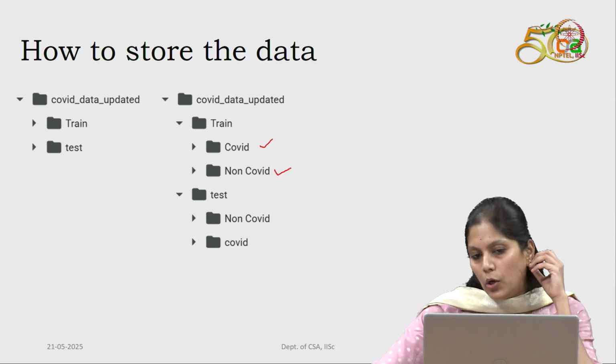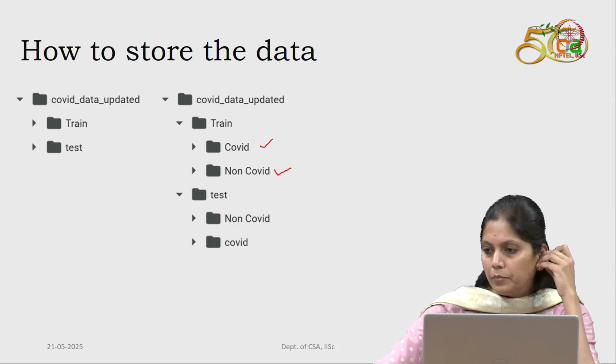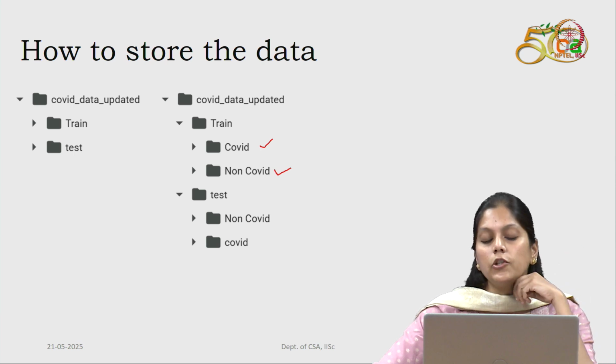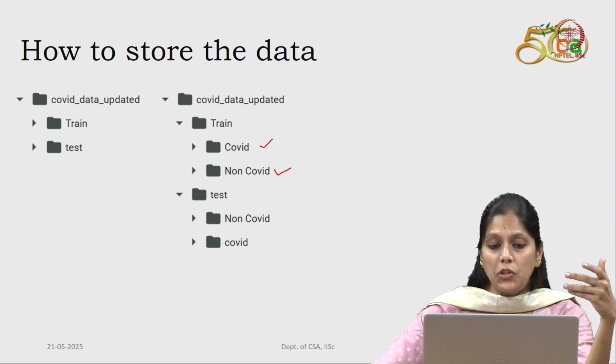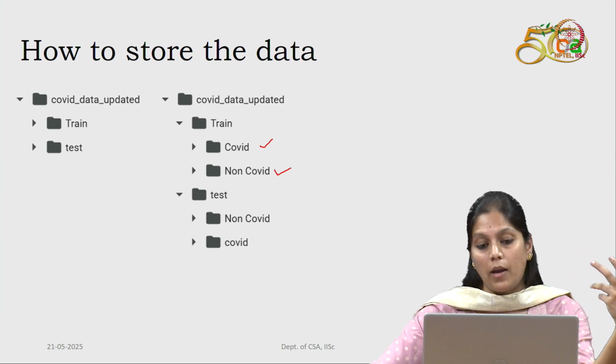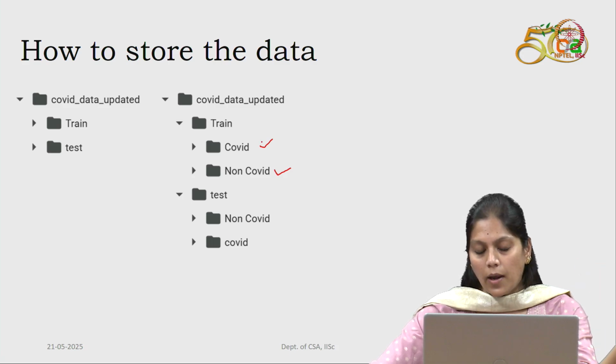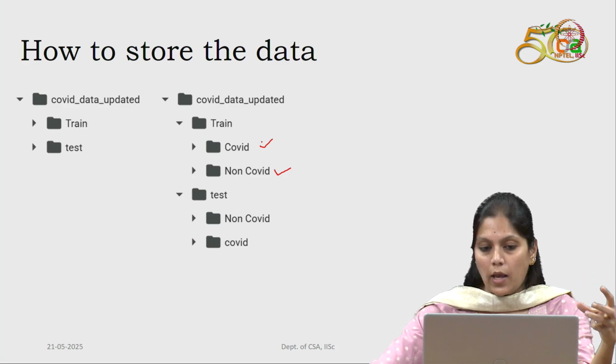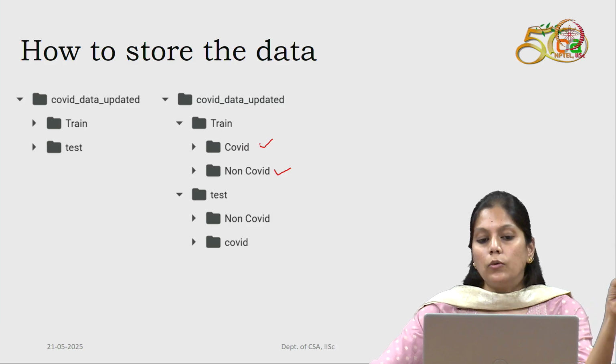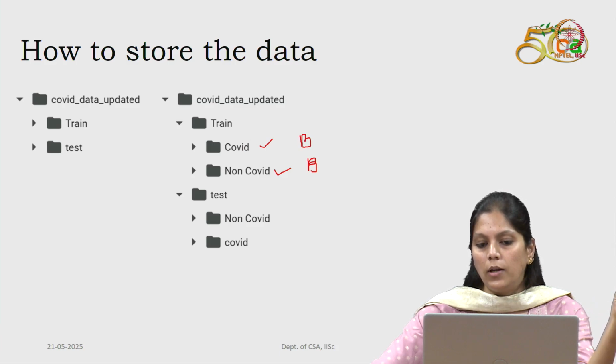Say, for example, you are working on a cancer classification where we have benign images, malignant images and a border case. In that case, is it not 3 classes that we have? For every class you should have images. So we will have a benign folder, a border case folder and a malignancy folder.